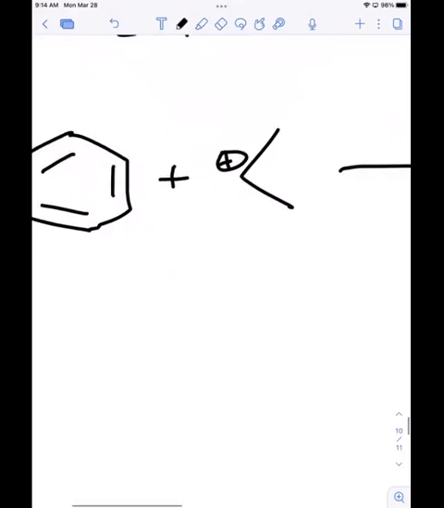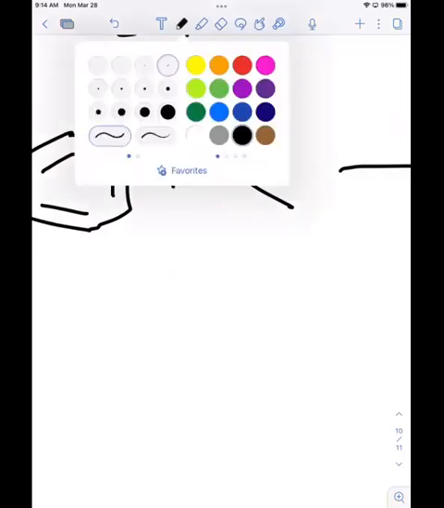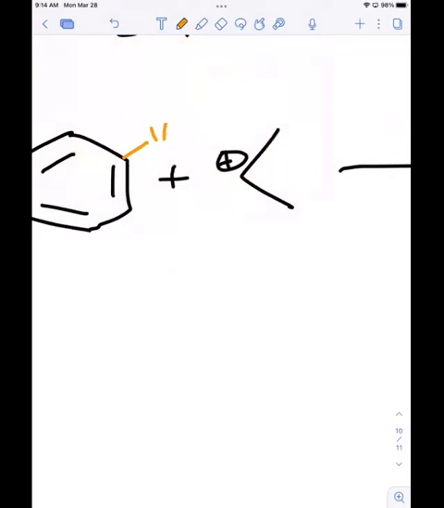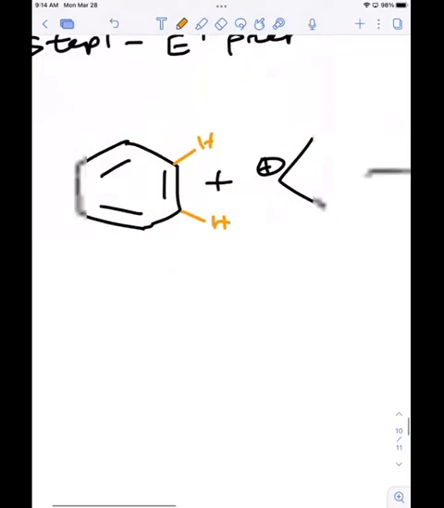Right, and let me make sure we understand on this ring there's a hydrogen on every carbon because all of these carbons are sp2 hybridized. Right, so there's a hydrogen on each carbon. So that's how we're able to do the elimination in the last step. So this is going to attack here, not like that.